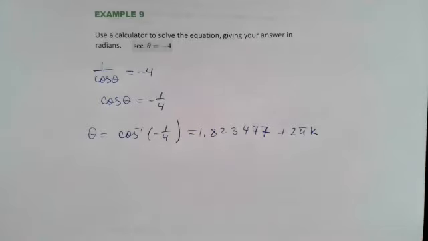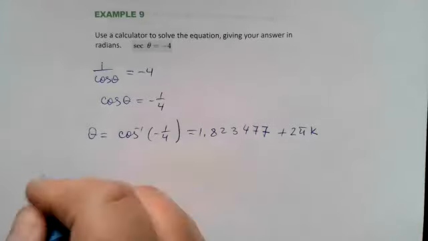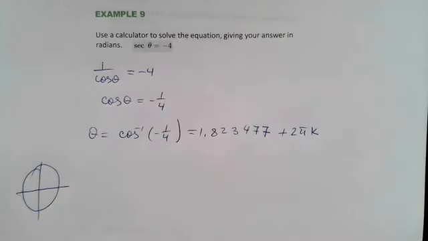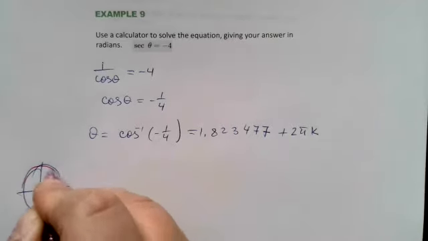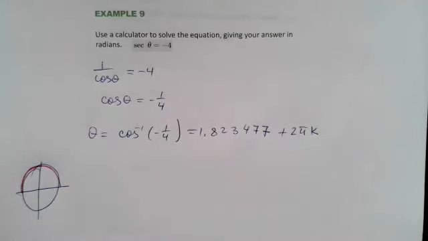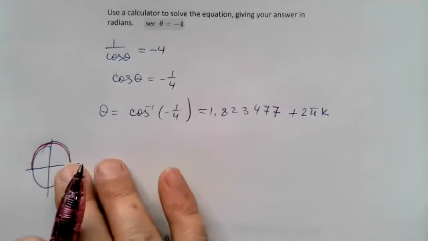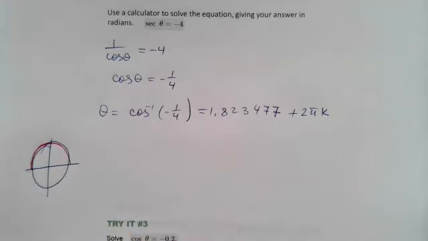Now, the question is, did we get all of the values? Again, if we look at our unit circle, the arc cosine or inverse cosine gives you the values in the first half, so from 0 to pi.